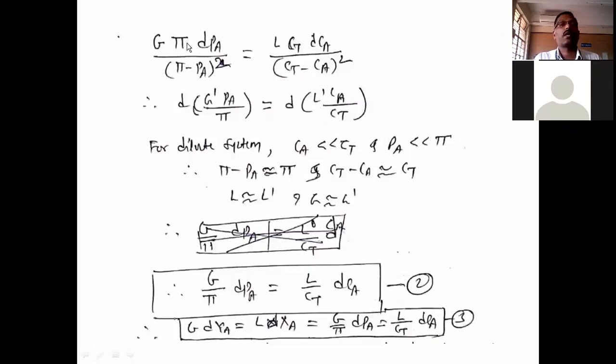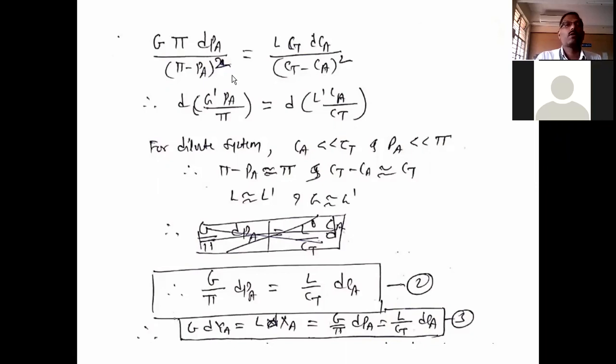Then we can write G into pi into dPa upon (pi minus Pa) squared is equal to L into Ct dCa upon (Ct minus Ca) squared, converting by mole fraction, since partial pressure is equal to total pressure into mole fraction, and similarly concentration is equal to total concentration into mole fraction.